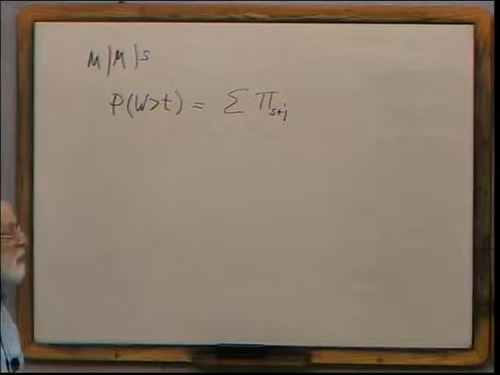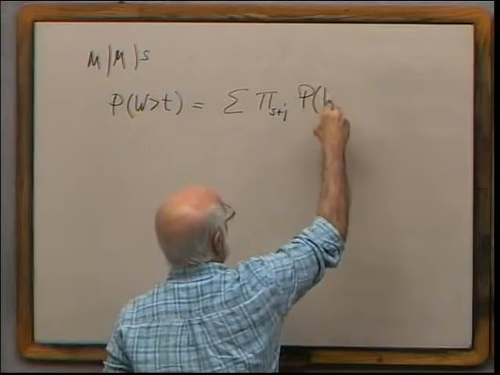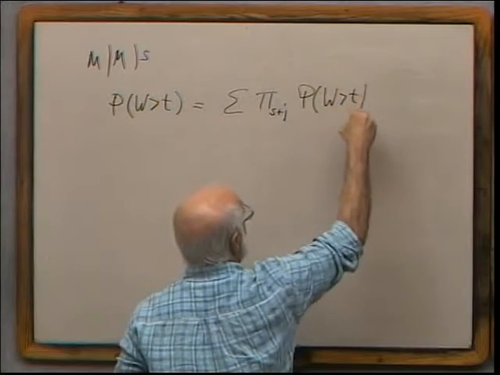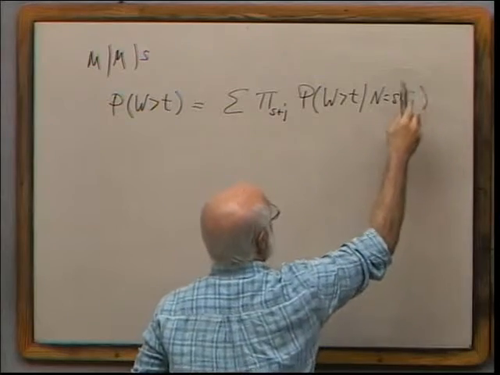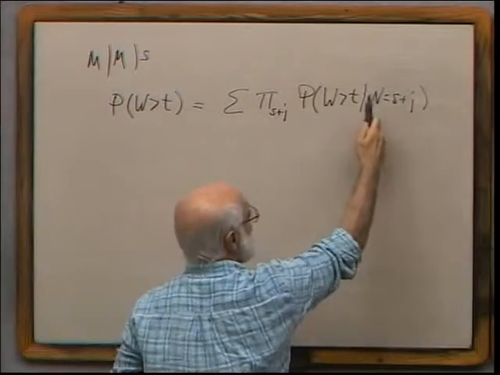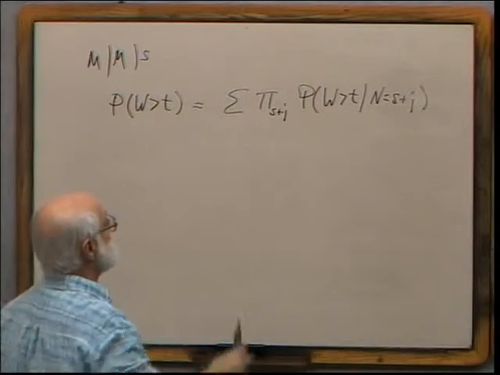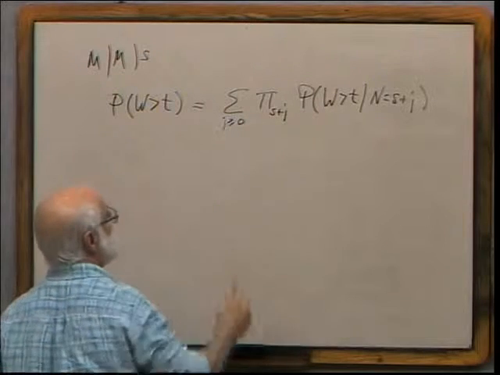That is, he finds state s plus j, multiplied by the probability that he waits greater than t if, when he arrives, he finds s plus j. In this equation, the n is the number of customers found by an arriving customer. And we sum this for j greater than or equal to 0.